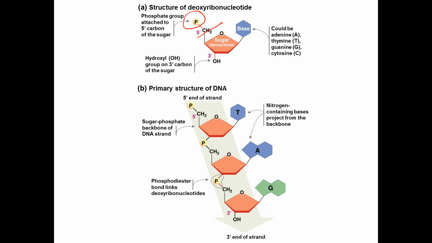At the other end of the strand, you have a free 3' hydroxyl, which is attached to the 3rd carbon of deoxyribose sugar. So one end is 5', the other end is 3'.